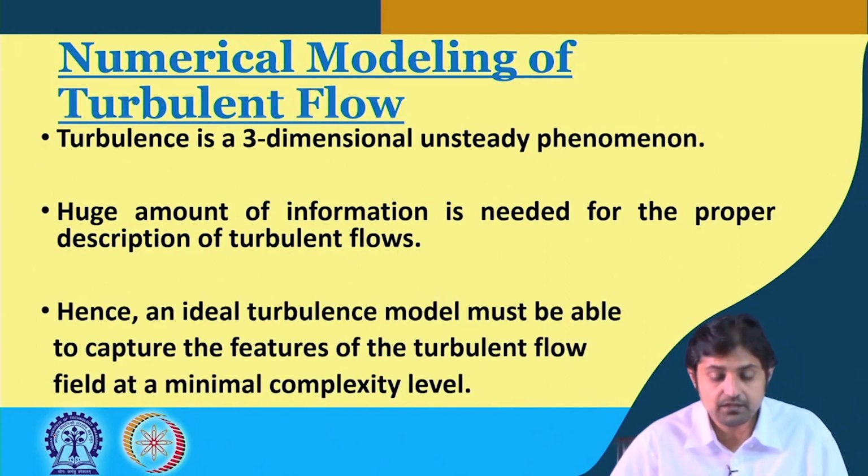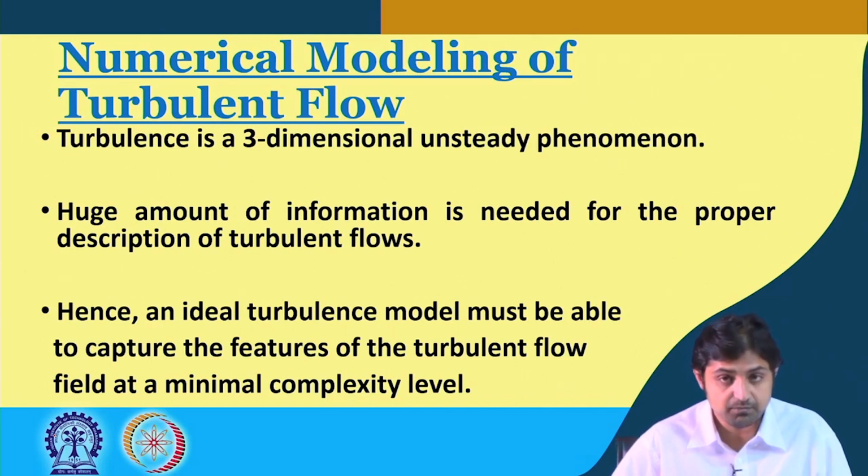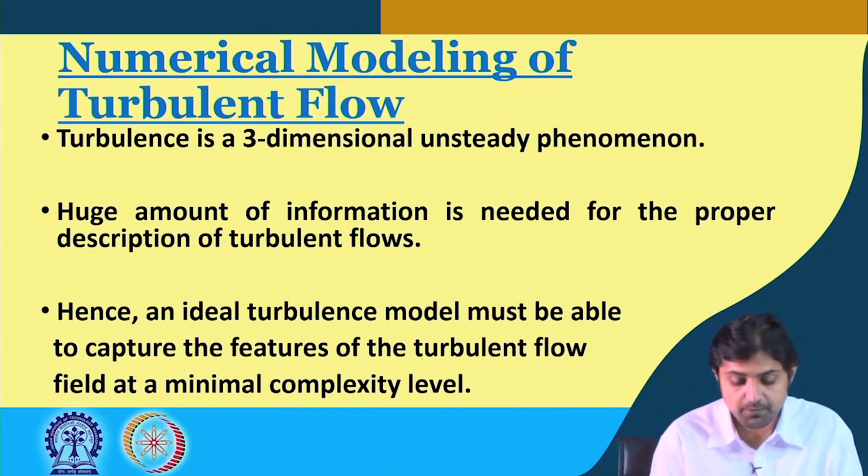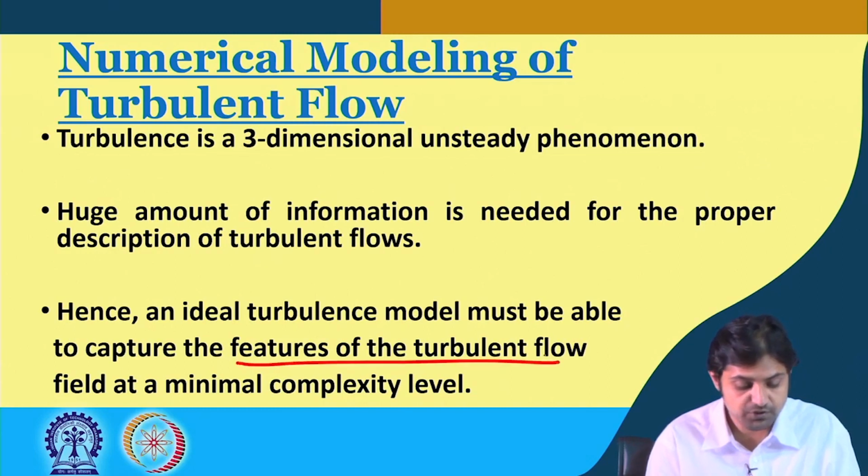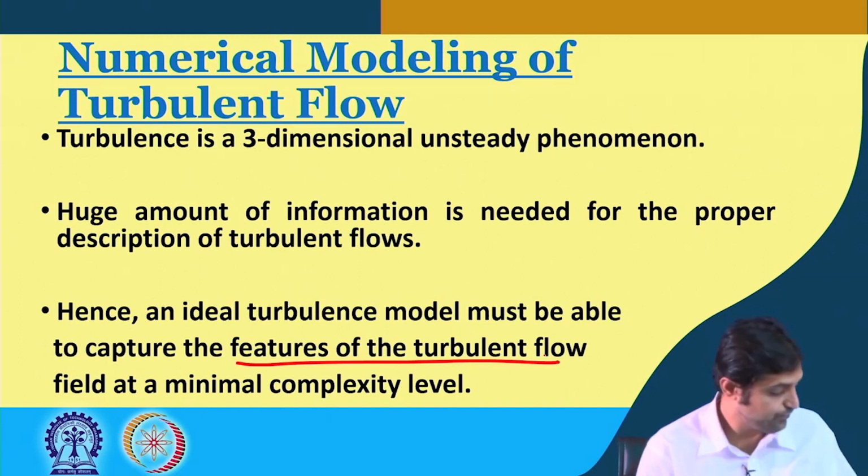Hence, an ideal turbulence method must be able to capture the features of the turbulent flow field at a minimum complexity level. So ideally, the best numerical model that can do this type of turbulent flow modeling should be able to capture the features of the turbulent flow with the least complexity. So the model should be least complex as well.